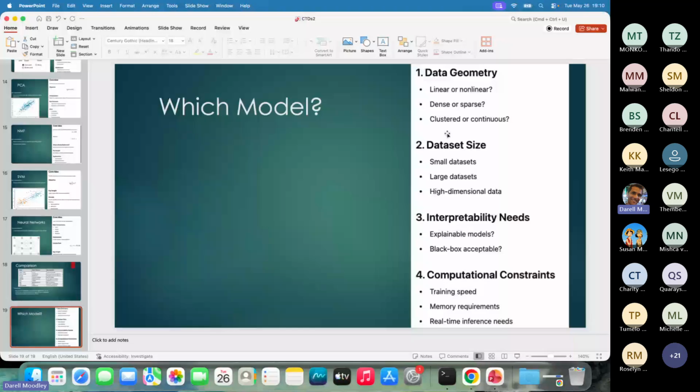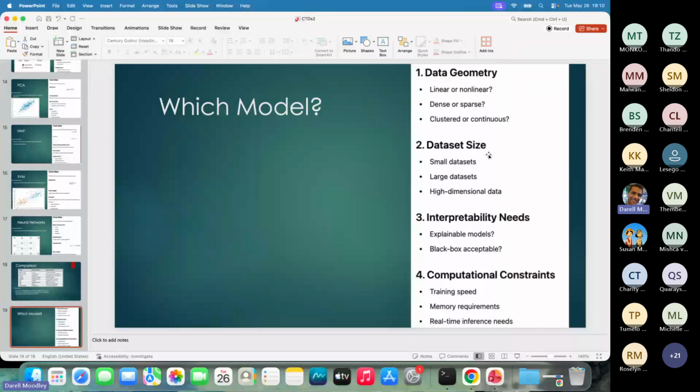Dense or sparse, that's for your clustering algorithms. If the data is dense, and you can see that visually, then you would often use DBSCAN, all right? Clustered or continuous, that would be for when you're trying to decide supervised or unsupervised.